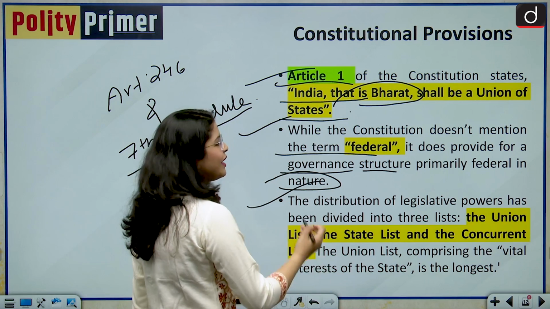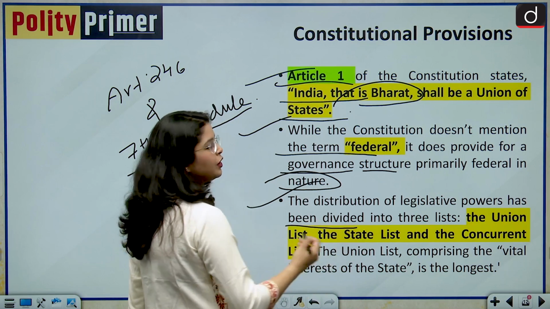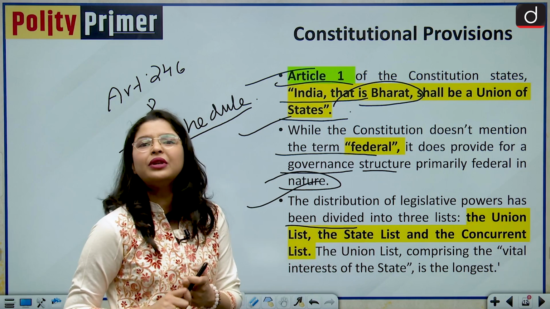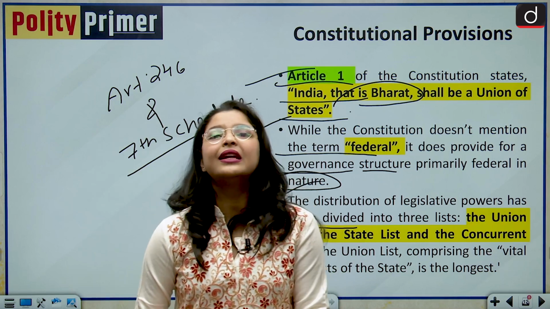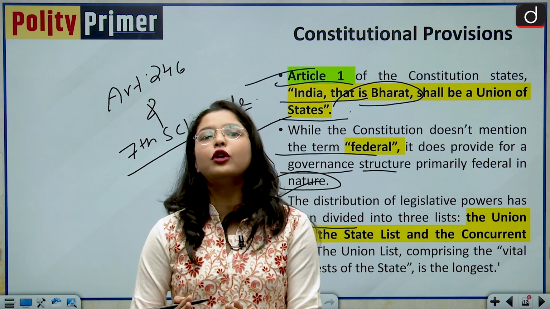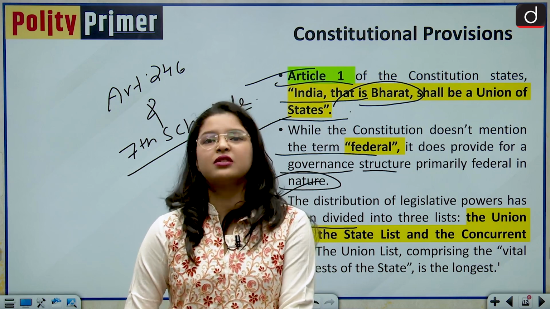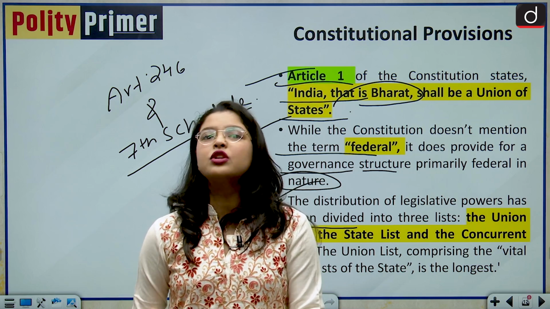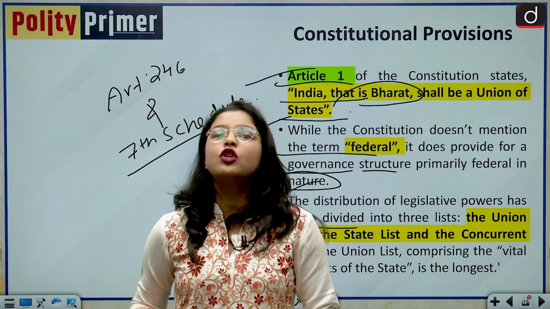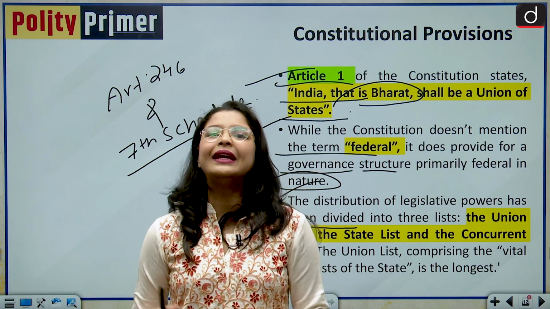The distribution of legislative powers has been divided into 3 lists: the union list, the state list and the concurrent list. That is why it is opined that India follows a quasi-federal structure. It does not follow a complete federal structure. So these were the constitutional provisions which talk about the federal structure of our Indian government.